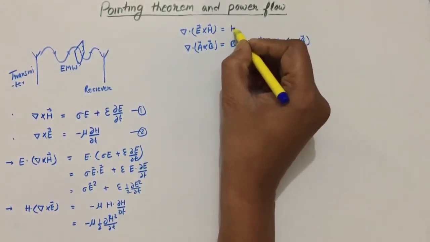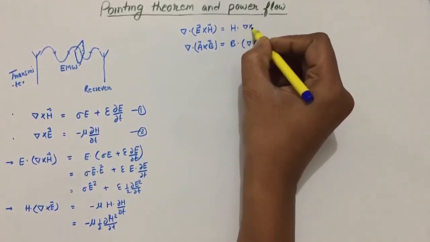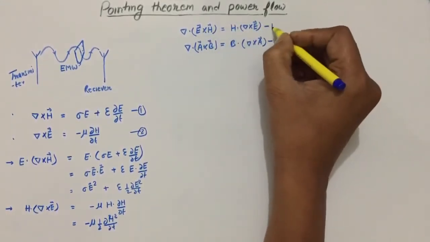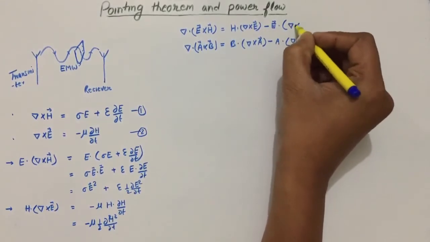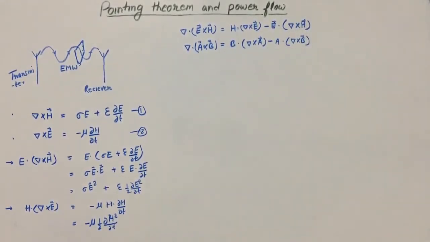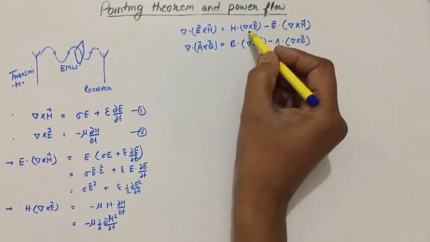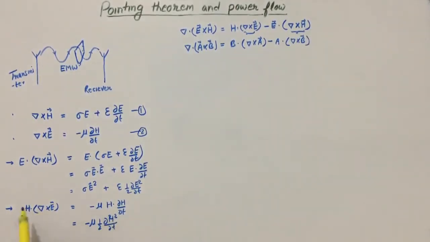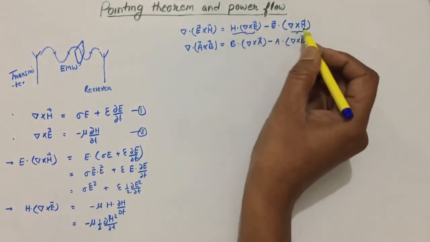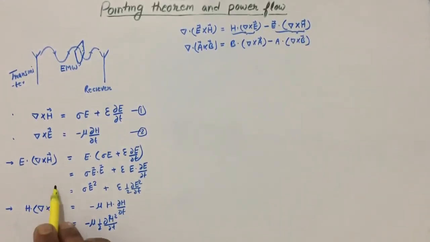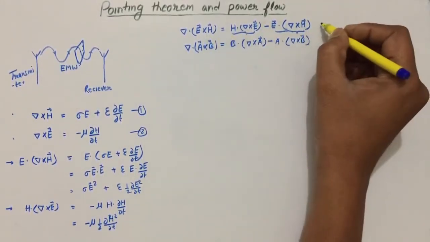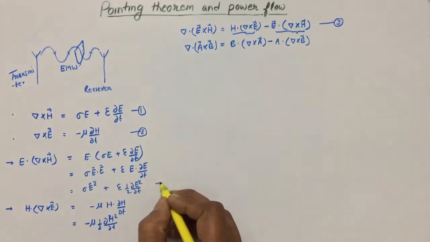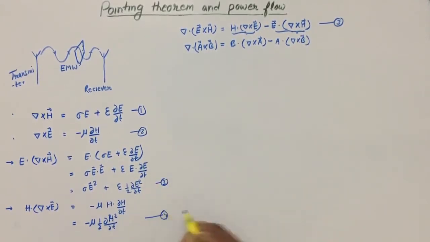On the basis of that, it will be H dot del cross E minus E dot del cross H. And if we have this relationship, we have this and this already known value. Not only this, we have this term and this term from here. So put it in equation 3, from this is equation 3, 4 and 5.